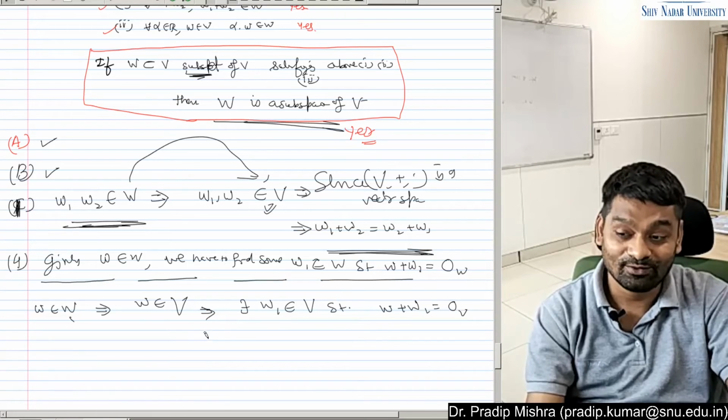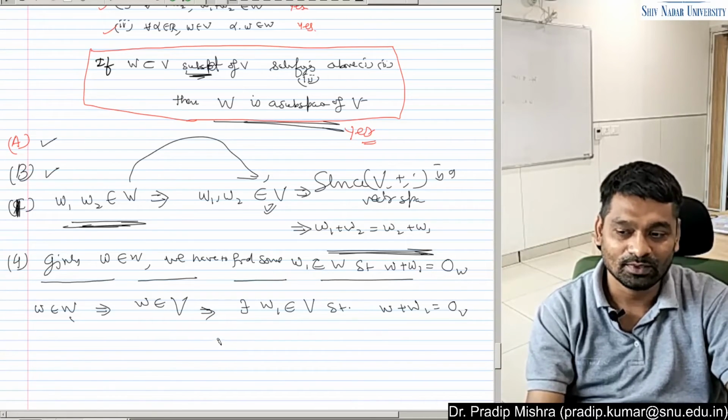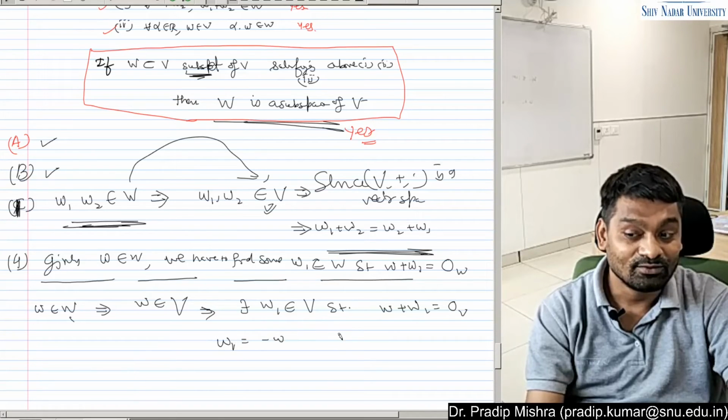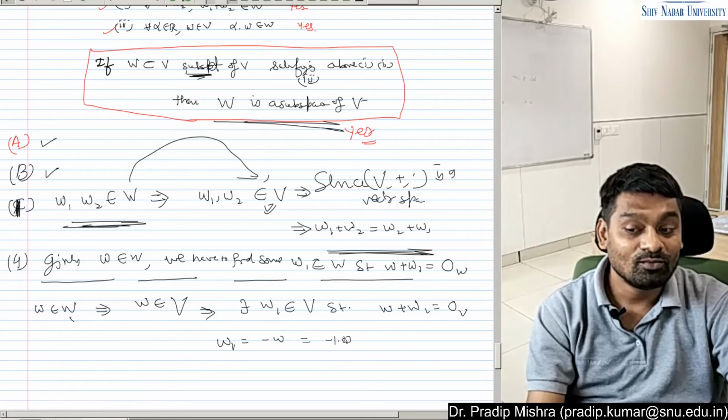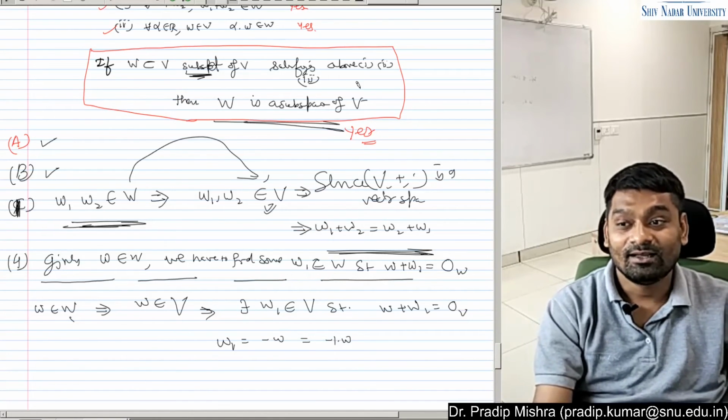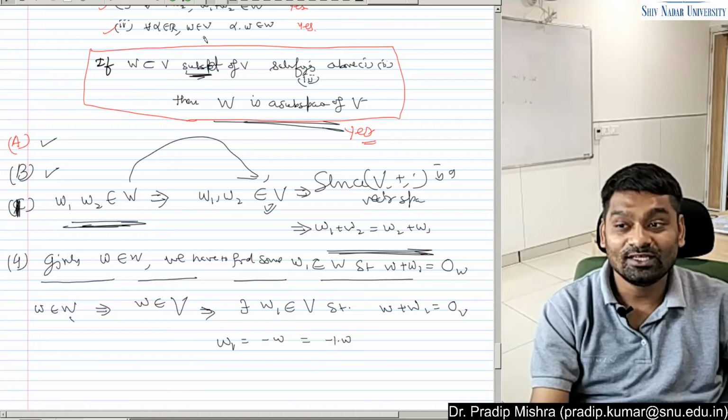Now there are many ways to prove this. Such a W1 is equal to minus W, and minus W is equal to minus 1 into W. Minus 1 is a scalar and W belongs to W, so use the property that W is closed under scalar multiplication, which satisfies 1, 2, 3.